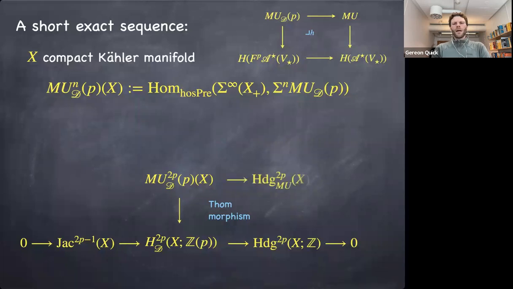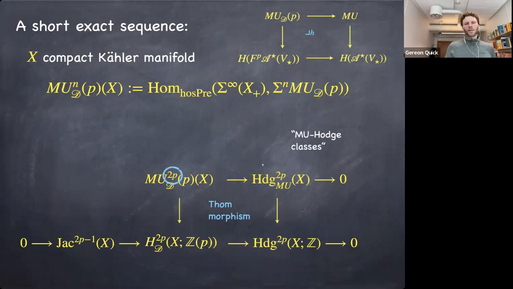Okay. And then when we focus on the degree 2p, we can define MU Hodge classes, which is a subgroup in MU 2p of X, and it consists of the elements that are mapped to Hodge classes in cohomology, basically.